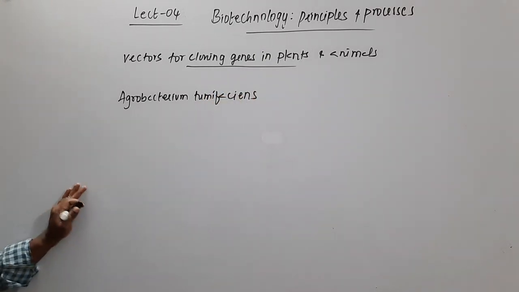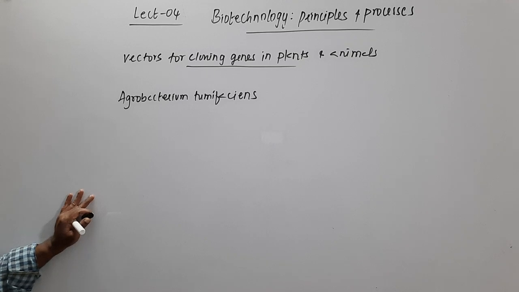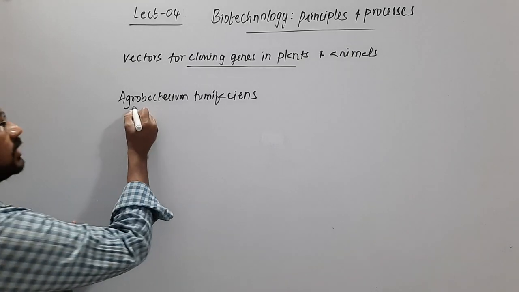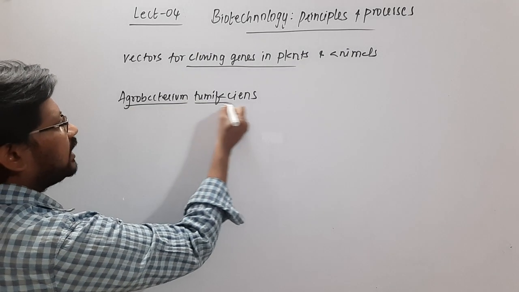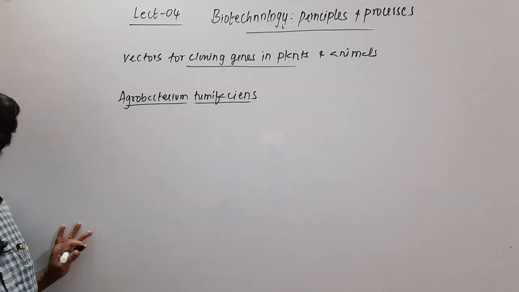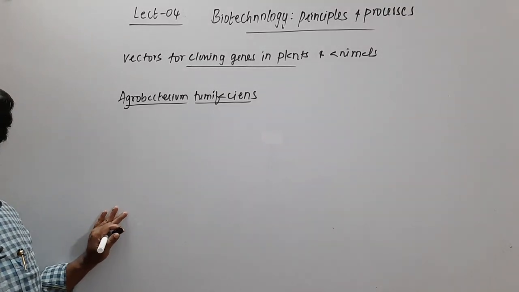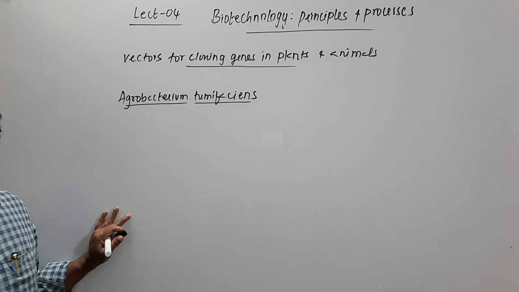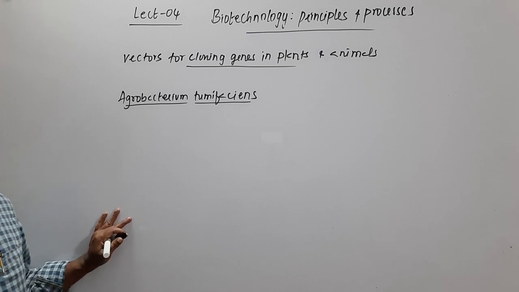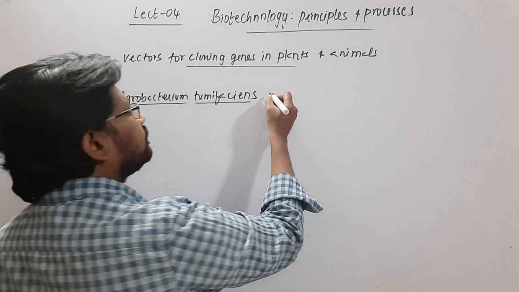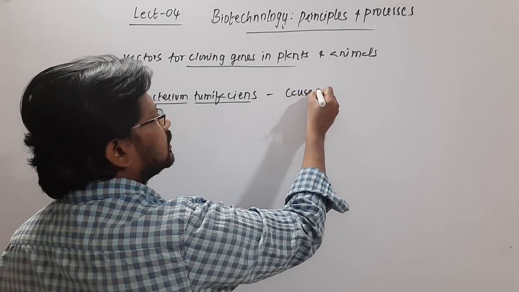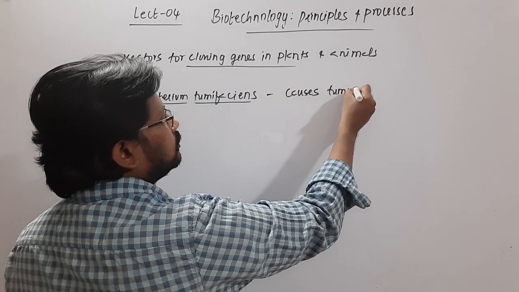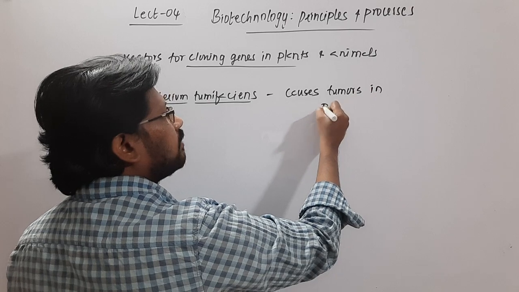When this bacterium infects plant cells, it causes a disease called crown gall, that is, it causes tumors in plants.